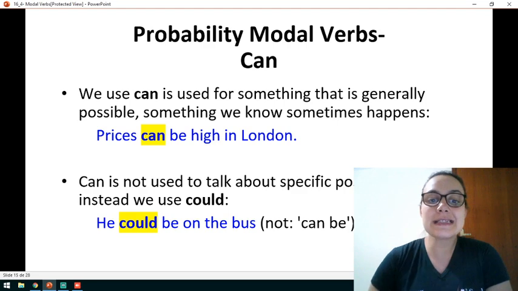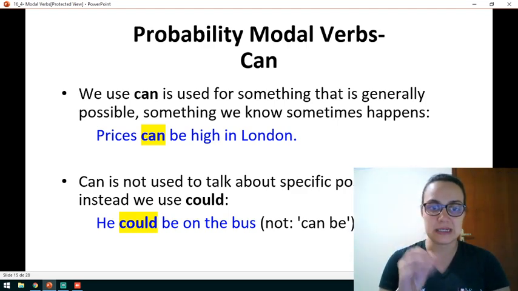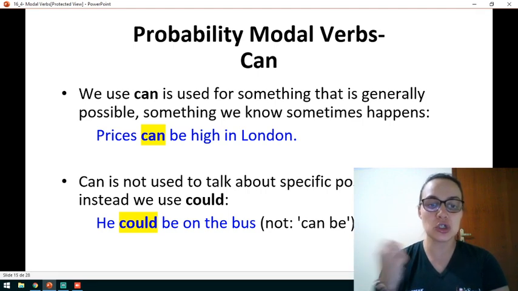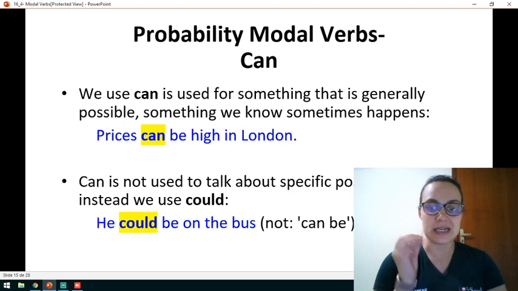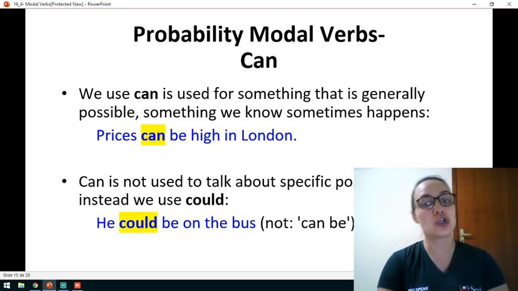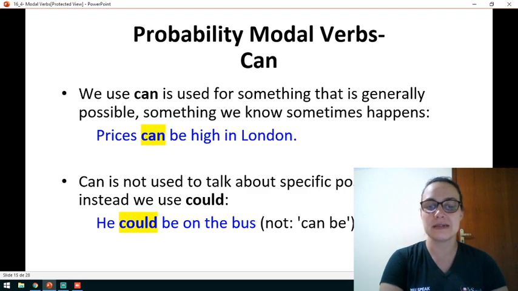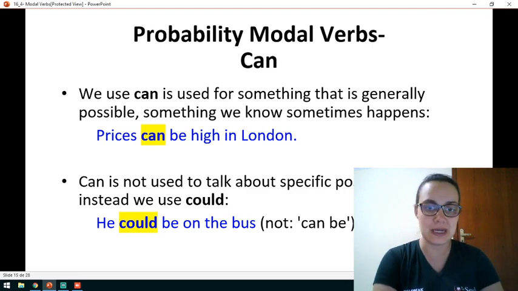Now, can is not used to talk about specific possibilities. Instead, we use could. So, when we're talking about something specific, I can say he could be on the bus, not he can be on the bus.